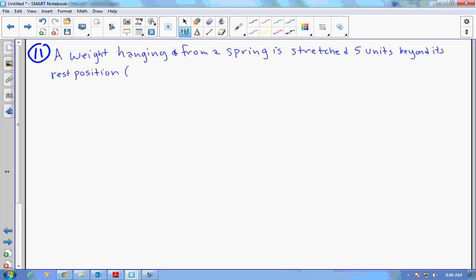The rest position would be when the S equals 0. It would be resting. And it's released at time t equals 0 to bob up and down.